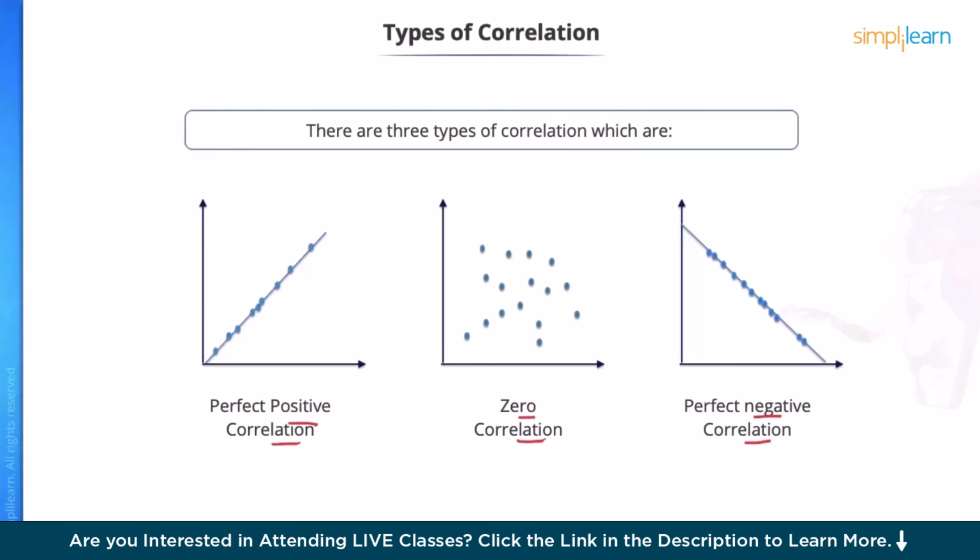Zero correlation means that the line representing the relationship between the two variables is horizontal to the x-axis. Perfect negative correlation can be represented by a straight line with a negative slope.